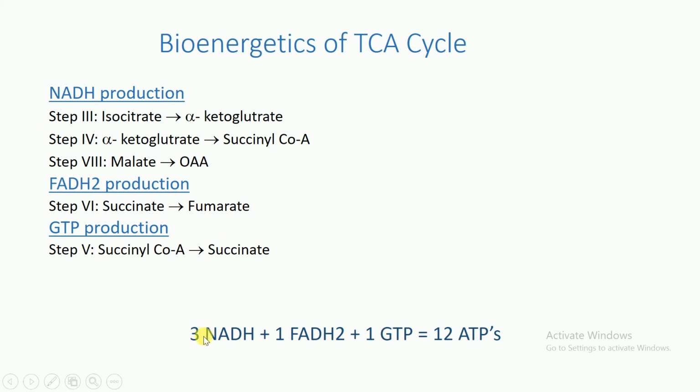So overall, 3 NADH, where 1 NADH equals 3 ATP, forms 9 ATP. 1 FADH2 molecule leads to the production of 2 ATPs. So 9 ATPs plus 2 ATPs plus 1 leads to the formation of 12 ATPs overall.